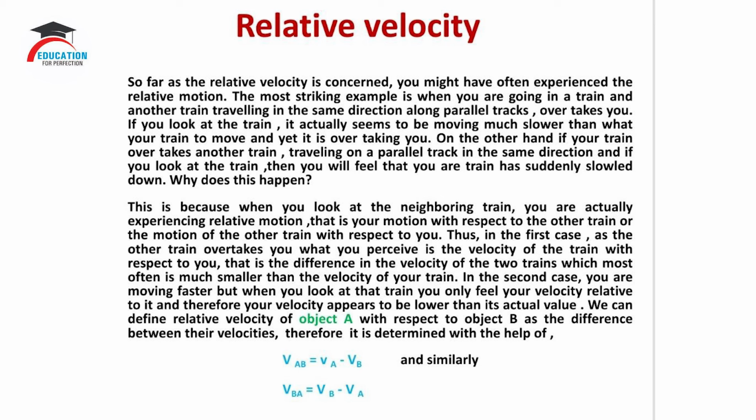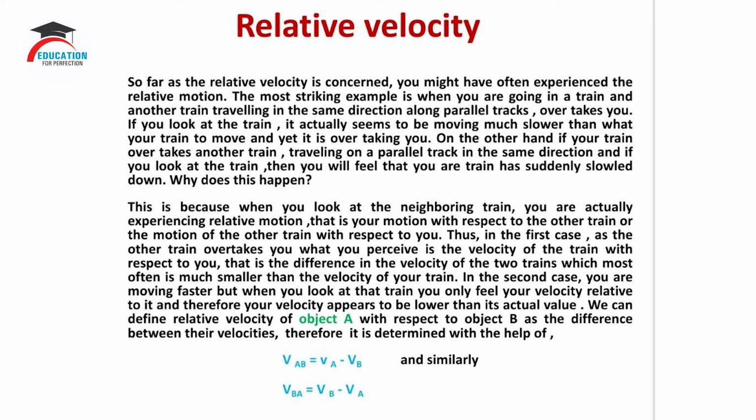Why does this happen? This is because when you look at the neighboring train, you are actually experiencing relative motion. That is, your motion with respect to the other train, or the motion of the other train with respect to you. Thus, in the first case, as the other train overtakes you, what you perceive is the velocity of the train with respect to you.